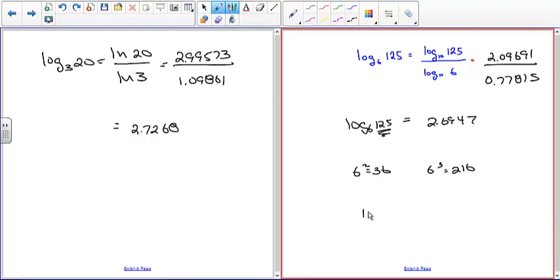You can also then use the natural log. That's the other thing that your calculator will do for you.